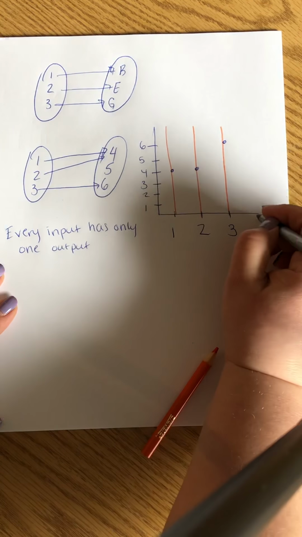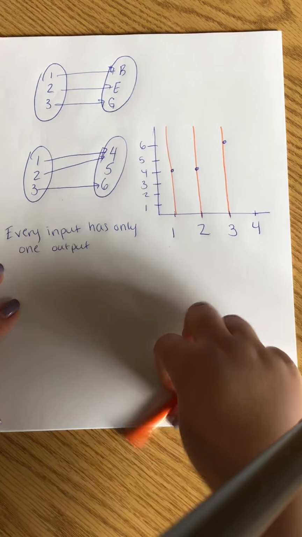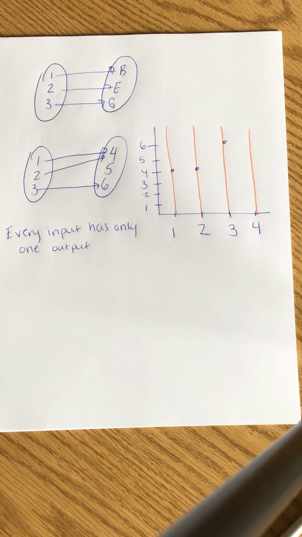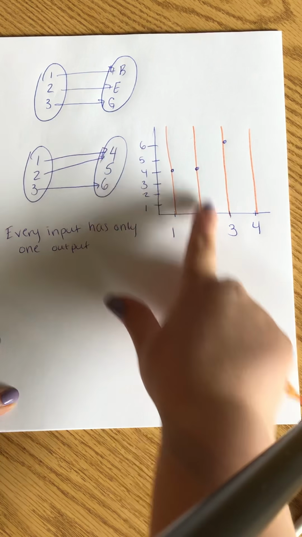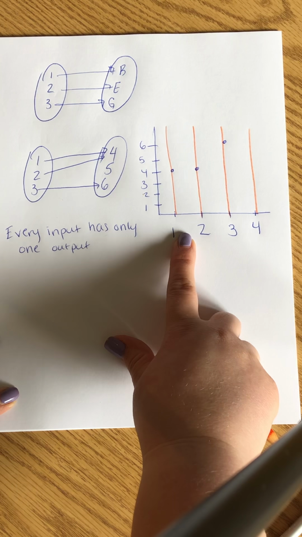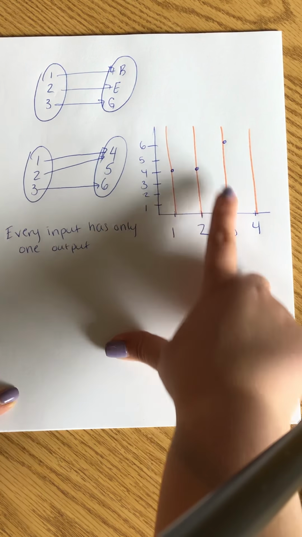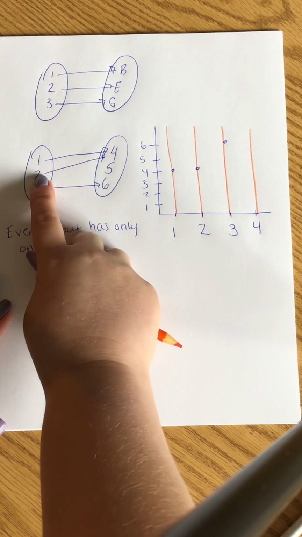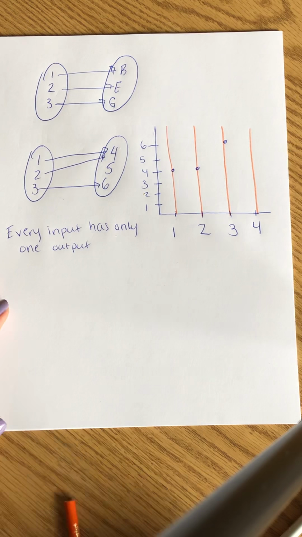Because if I also had a 4 here and I drew a line, it's okay that there's not a dot on that one, but we want to make sure that there isn't more than one dot on every line. So it passes that vertical line test. So it is showing that every input has only one output on its line. It can have less than one, but it can't have more than one. So it is okay when you're mapping if they go to multiple.